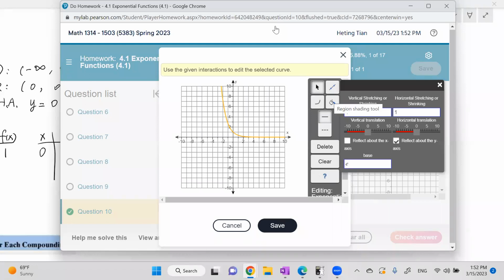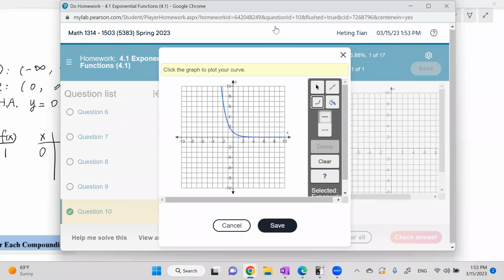Then next step, I will click the exponential 2 again, make it into the blue. If now you save it and submit it, it will give you the wrong solution. What is next? I need to graph the horizontal asymptote. So click the dash line and click the line 2.